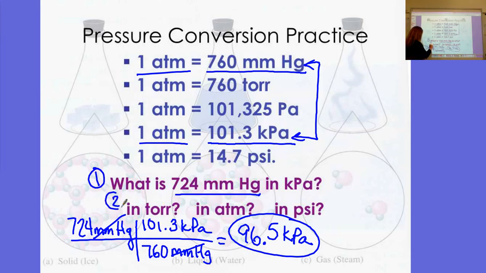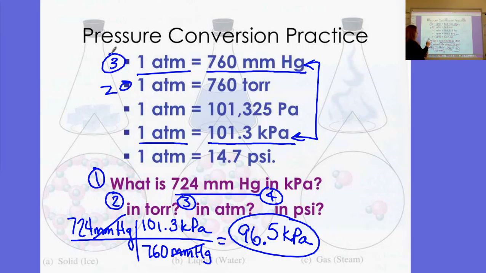Now, here's question number 2, 3, and 4. See if you can do those 3 conversions into torr. Here's your conversion for torr. That would be number 2. To atms would be number 3.